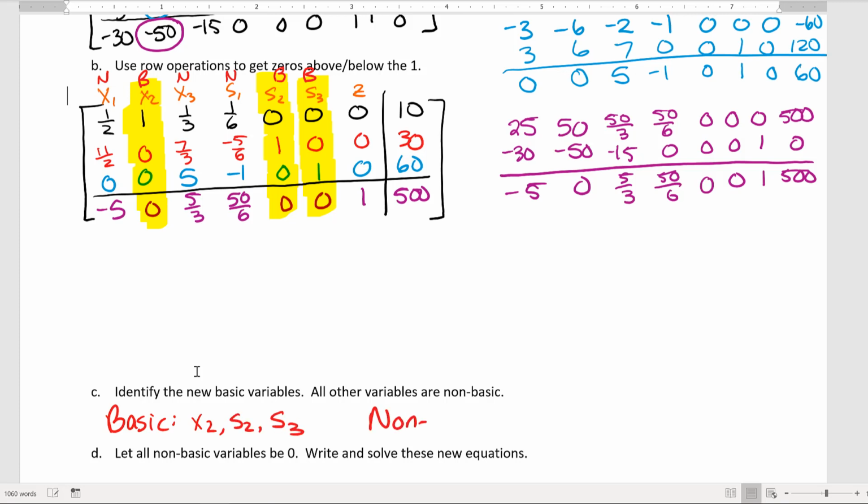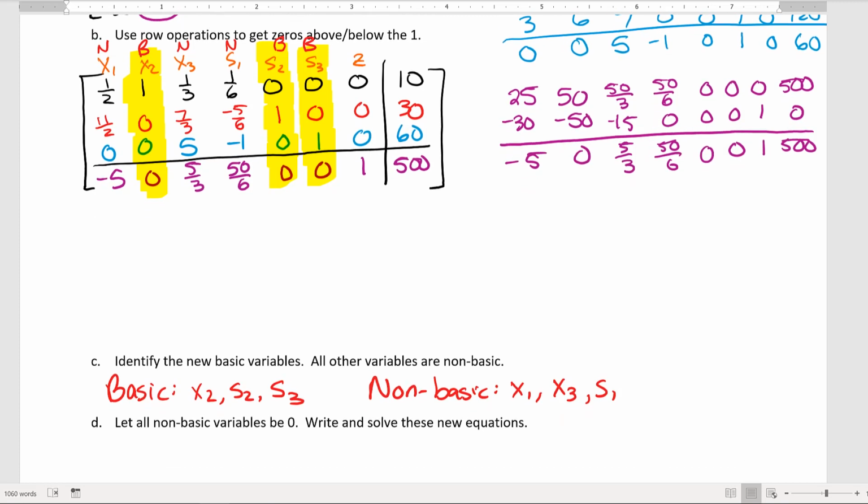And our non-basic are going to be x1, x3, and s1. So because I have all of those basic variables identified, what I'm going to do is I'm going to let all of the non-basic variables be equal to 0.